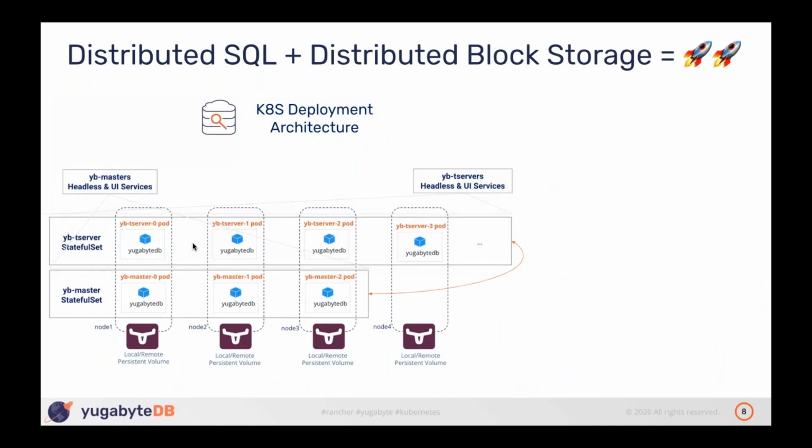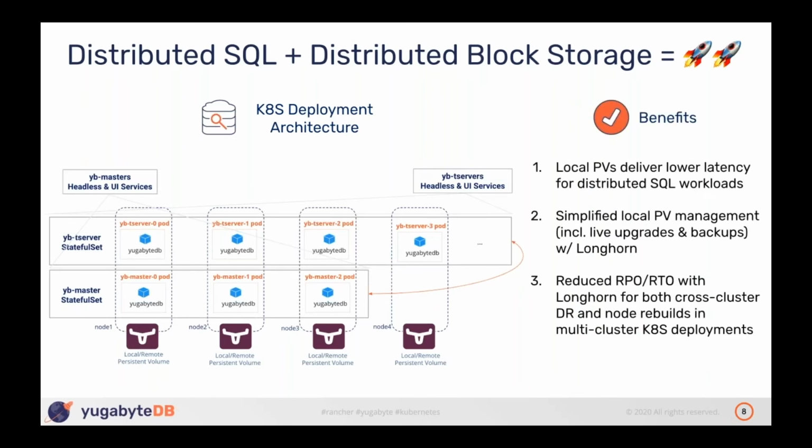So what is the benefit of bringing a distributed block storage like Longhorn into the equation with distributed SQL and Kubernetes? Well, from a deployment standpoint, each one of those persistent volumes will now become managed via Longhorn, because Longhorn is going to provide us the storage class in this equation. So the benefits are a fewfold.